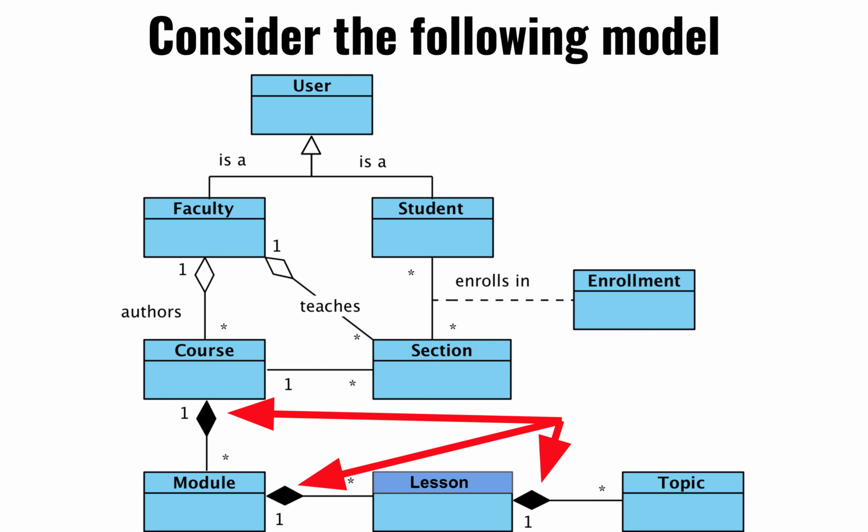Now, in that case, you might ask yourself, well, what about widgets? Do widgets make sense for them to exist on their own? Probably not. It might make sense that widgets can only exist within a topic, and topics can probably only exist within a lesson, so that you would never access them outside of the context of a lesson, of a topic.